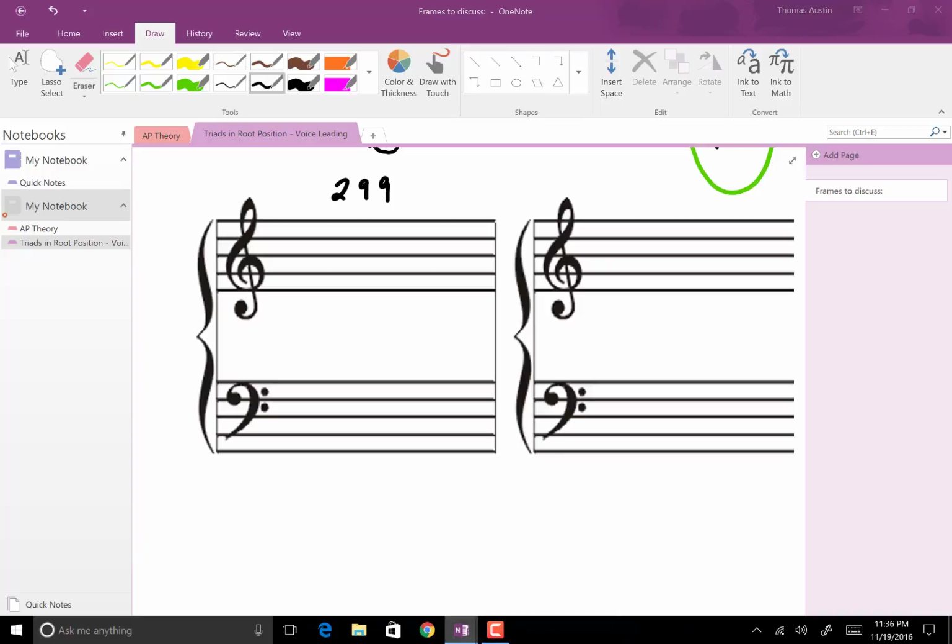In frame 299, we also need to find the part writing error.